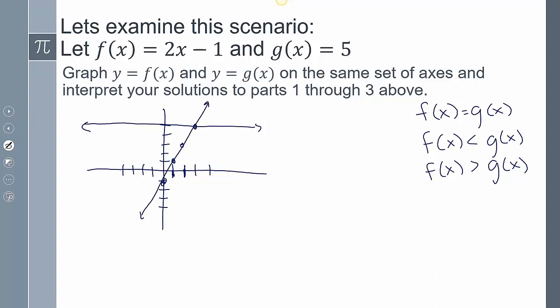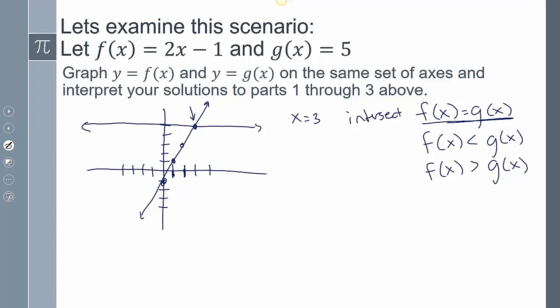Now if you notice this, where f of x equals g of x, that's representing where they intersect. This is saying where does this graph equal this graph, and that happens to be here, which is why we said it's where x equals 3.